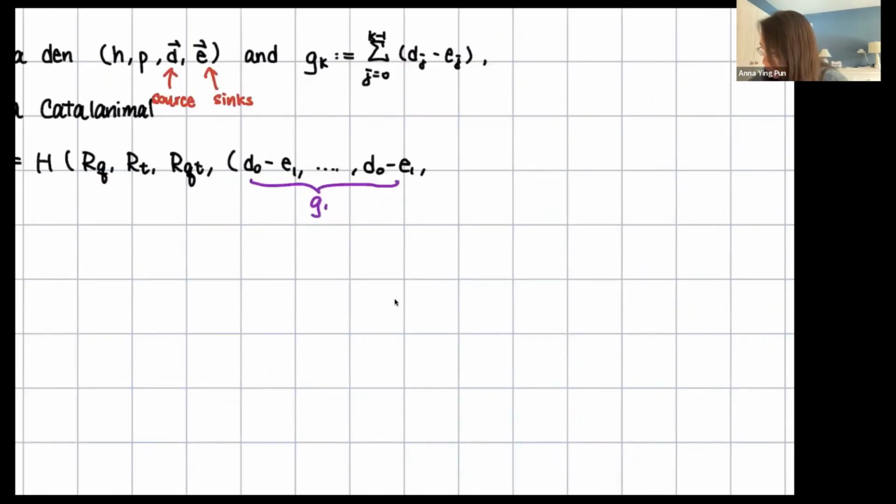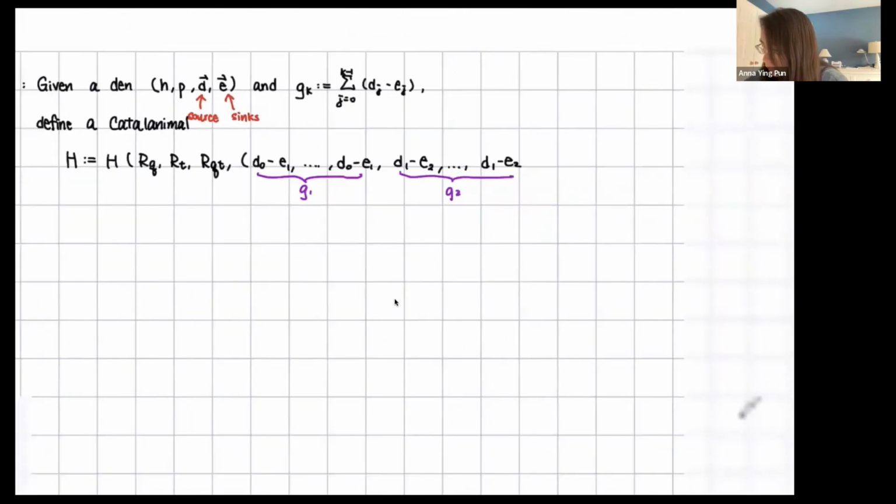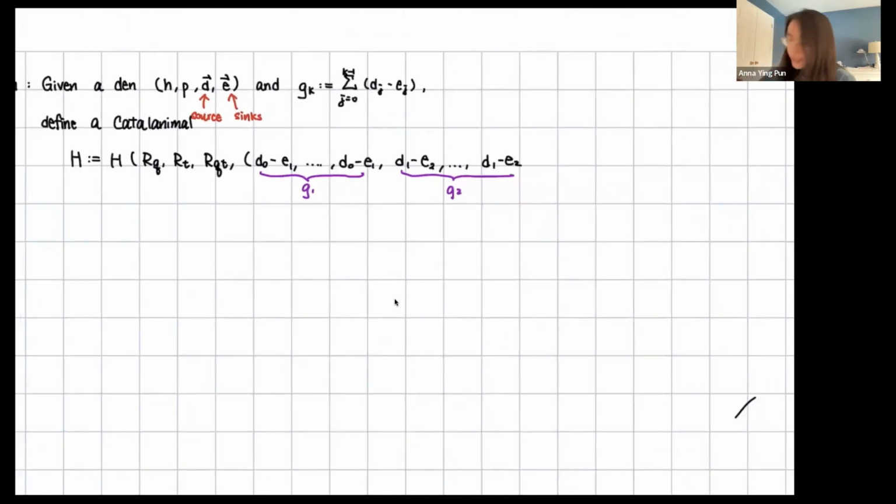And then you do the same thing. D1 minus E2, up to D1 minus E2, and that's the G2. So that gives you all these D_i and E_i, and that's going to help you choose your sequence, the lambda.